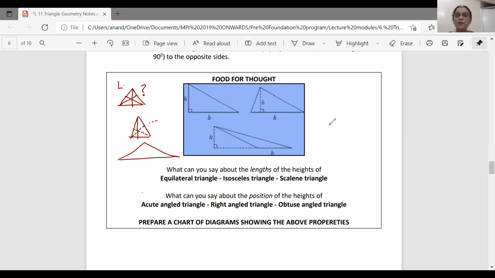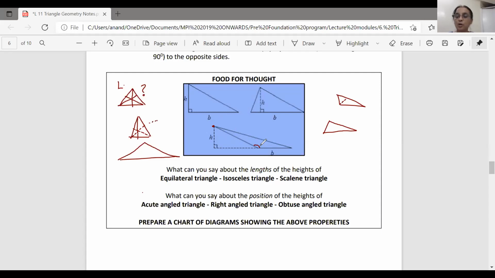Then you've already drawn many scalene triangles above. Draw 3 heights for the scalene triangle and see what happens when you have such an obtuse angled triangle. This is my vertex and I want to draw a right angle. By any chance, can I draw a segment like this and make a right angle?